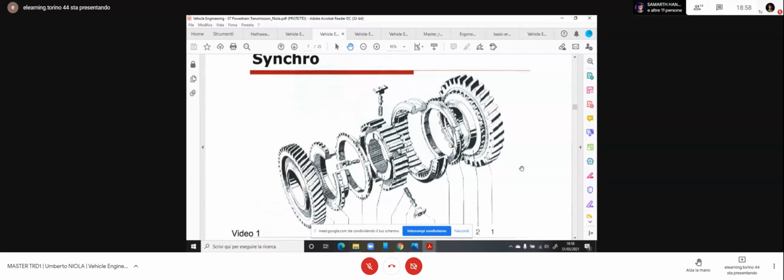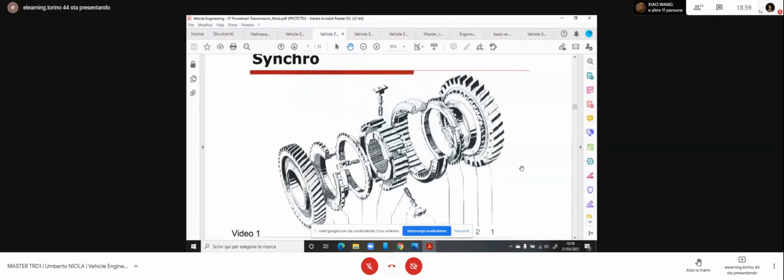Okay, if you are able to identify the correct RPM, there is a transition moment where the gearbox is in neutral condition, not loaded and not unloaded completely.